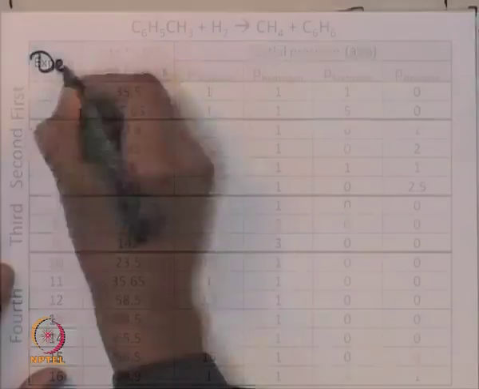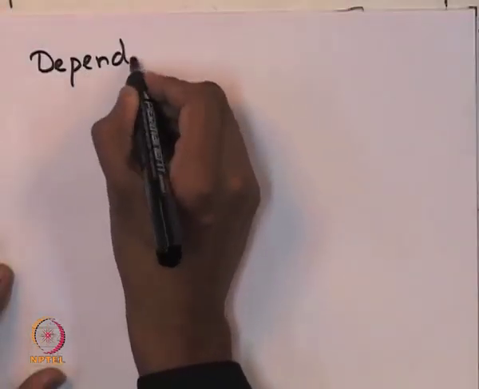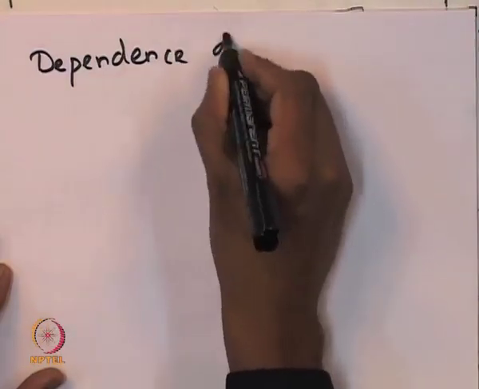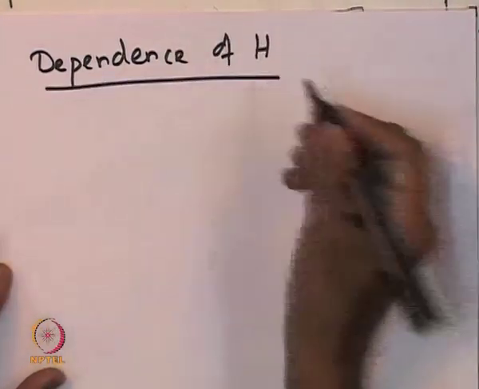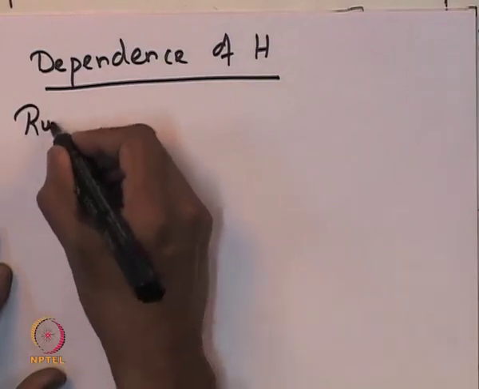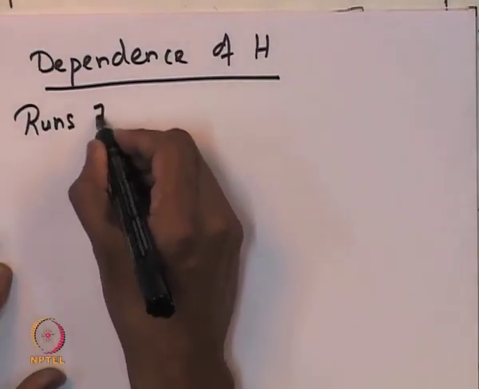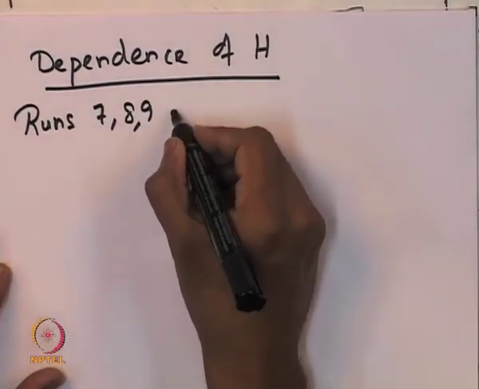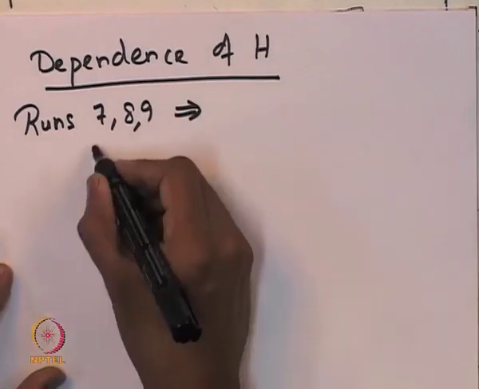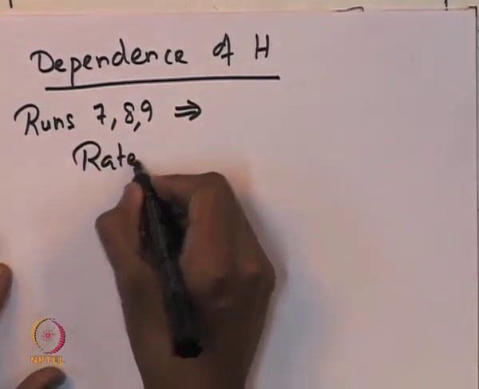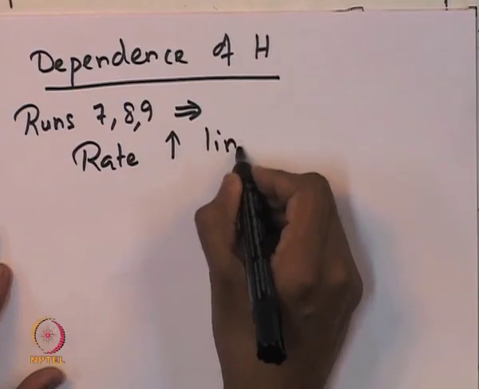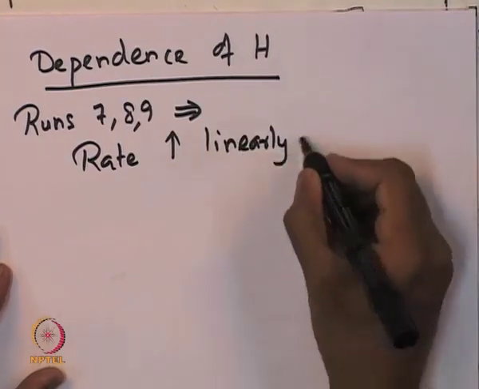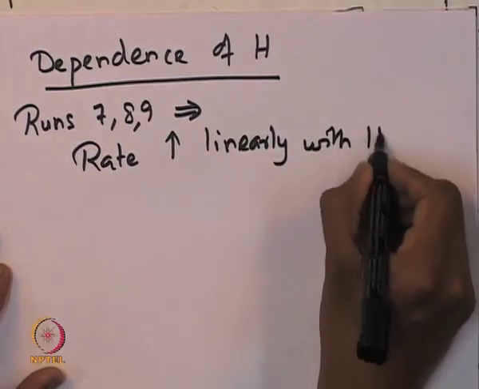So, if we look at the dependence of hydrogen on the reaction rate, runs 7, 8 and 9 suggest that the rate increases linearly with the concentration of hydrogen.